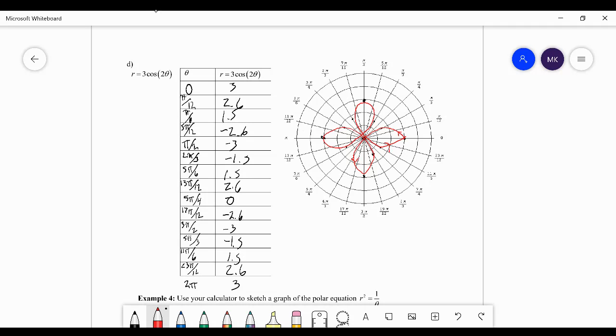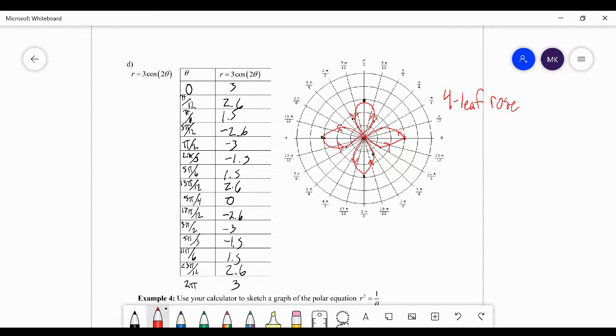While this is a very terrible drawing of what actually happens, hopefully you pick up this shape. In mathematics, we call this graph the four-leaf rose.